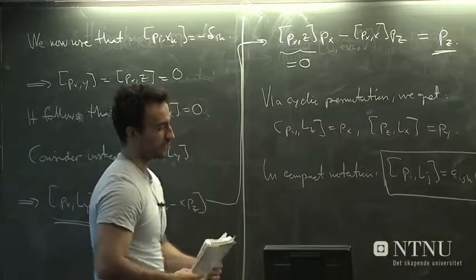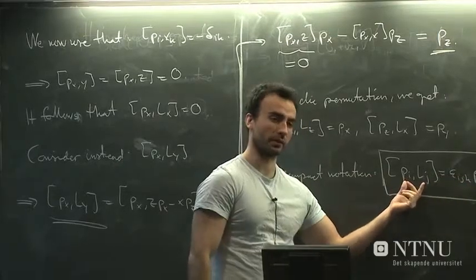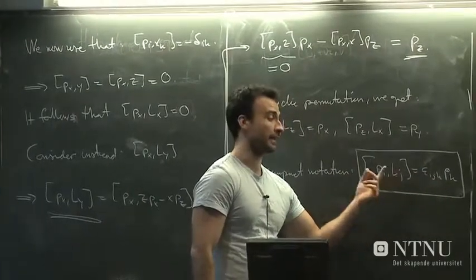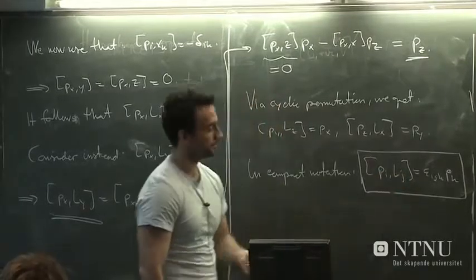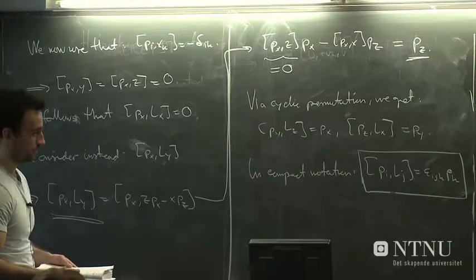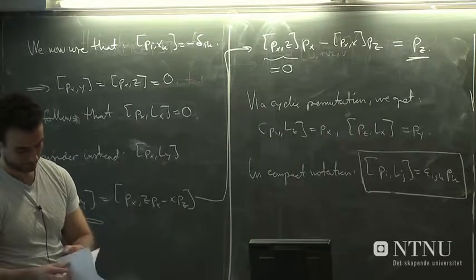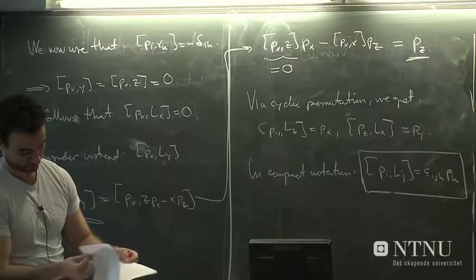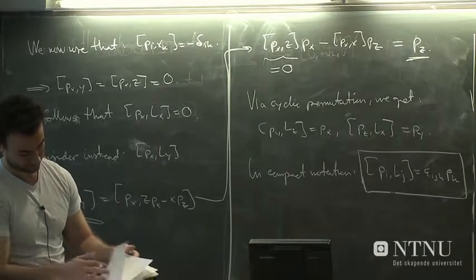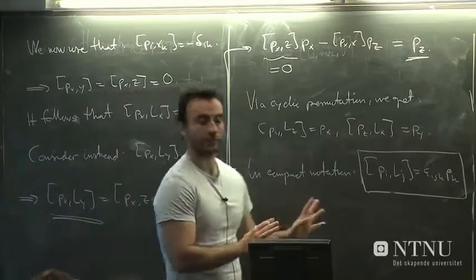So this is the expression for the Poisson bracket between any two components of the momentum and angular momentum. So we'll continue with this tomorrow.